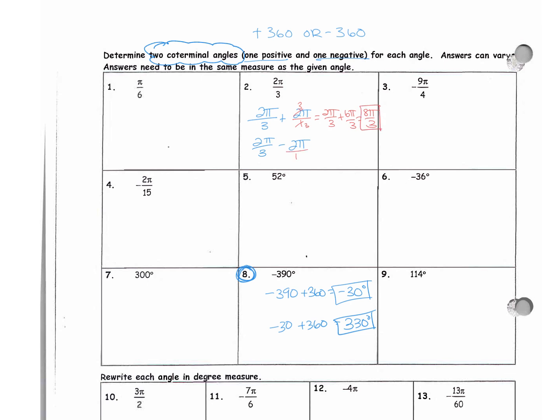The same deal here, I need a denominator of 3, so I'm going to multiply the top and the bottom by 3, and I'm going to get 2 pi over 3 minus 6 pi over 3, and I'm going to get negative 4 pi over 3 as my negative coterminal angle.